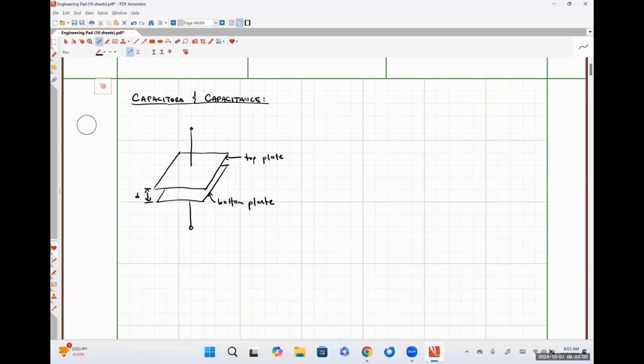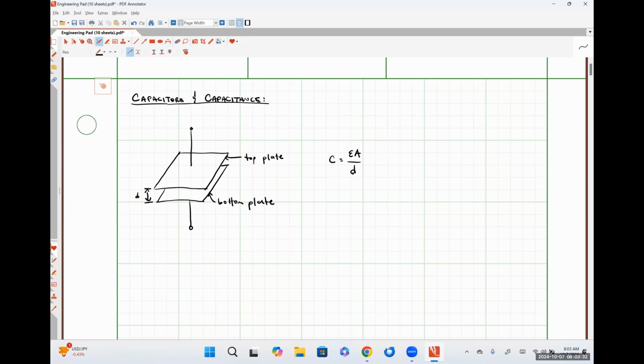So in a parallel plate capacitor, the capacitance C is defined as the permittivity epsilon multiplied by the cross-sectional area of the plates divided by the distance d between the plates. Okay. So the area of the plates is fairly straightforward. That's literally just the area of one of the plates. I've already defined the distance d separating the plates.